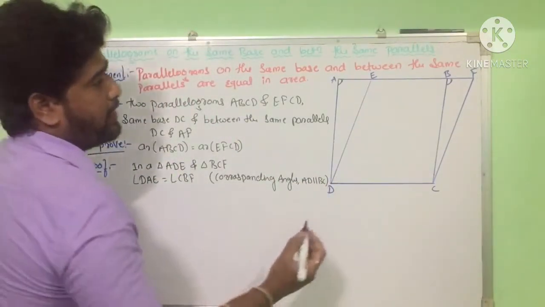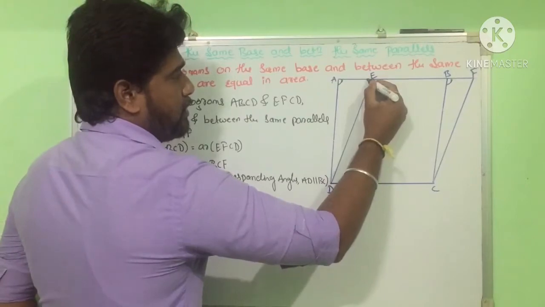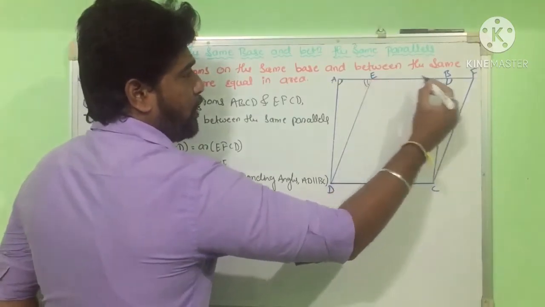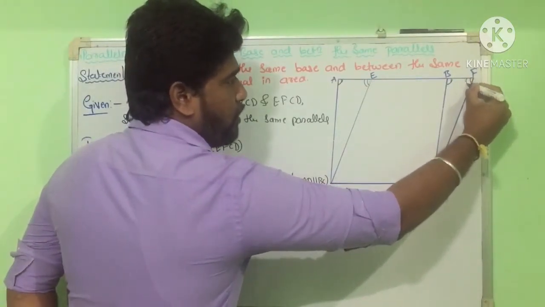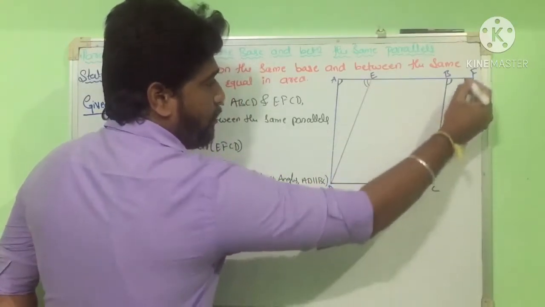Is it clear? And similarly, these two angles are equal because these two lines are parallel.